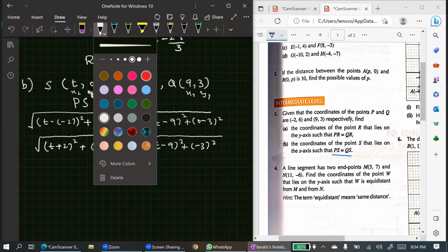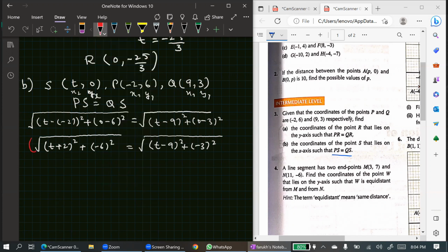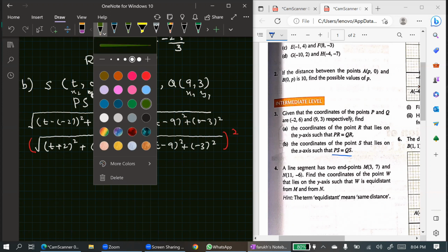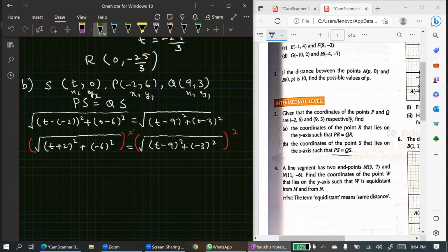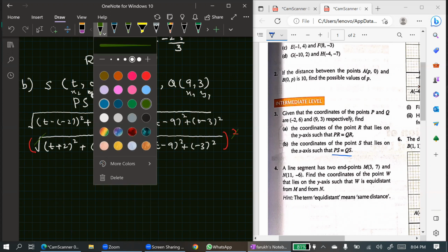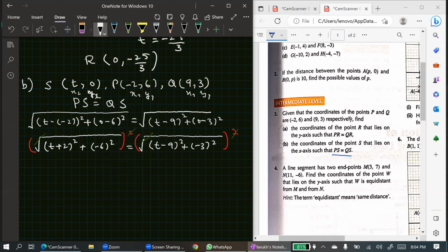We will apply square on both sides to cancel out the square root. This one is t plus 2 whole square plus 36 is equal to t minus 9 whole square plus 9.